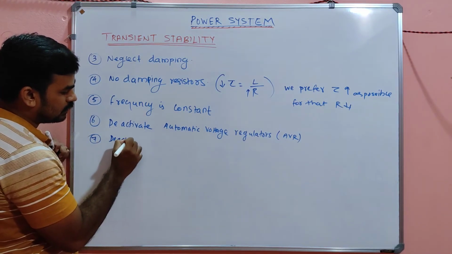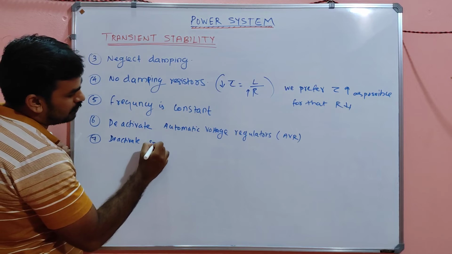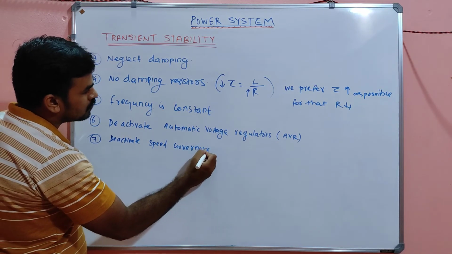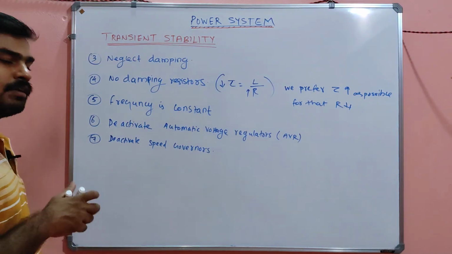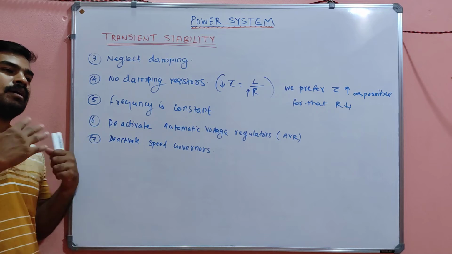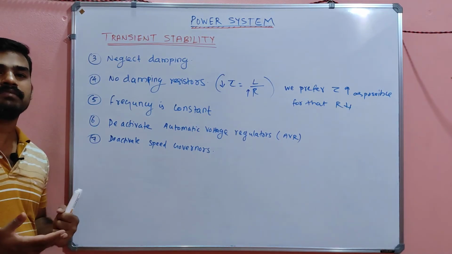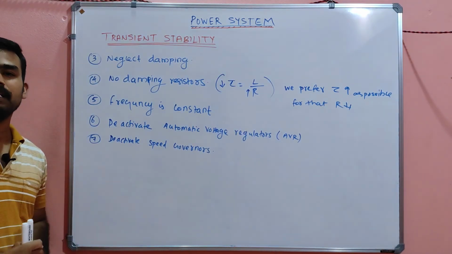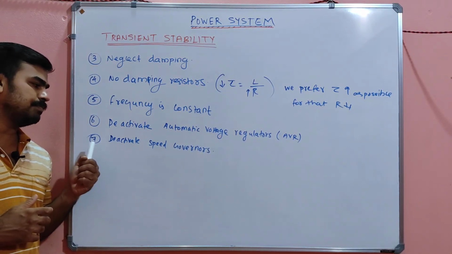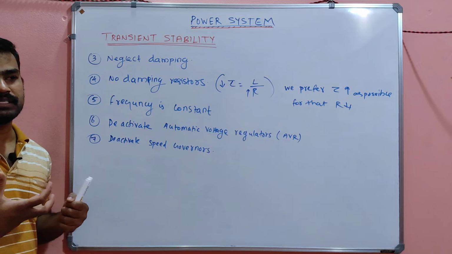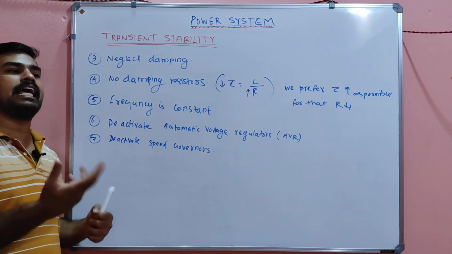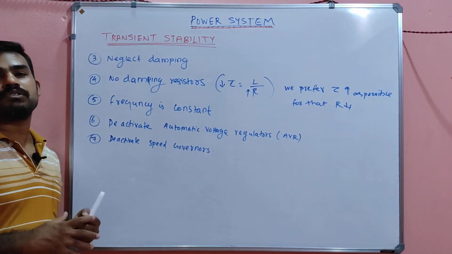deactivate the speed governor. So what is the function of the speed governor, my dear? Even if the alternator speed increases or decreases, the speed governor will sense the speed change and help bring the system back to its original speed.